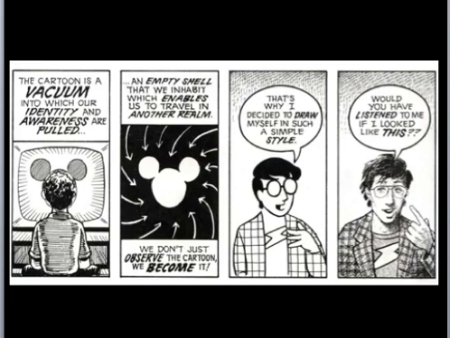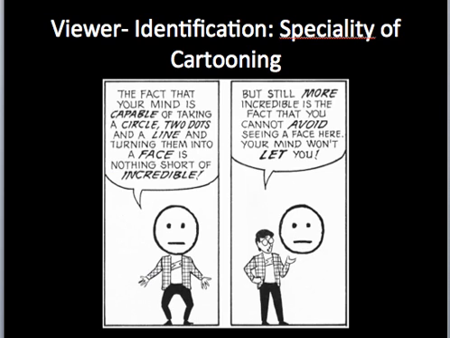And then he shows this is why he decided to draw himself more cartoony, and if he hadn't, he would obviously draw himself more realistic, and that would have made him less universal and possibly less able to identify with him. So he's showing you why he's purposely taking on the style. So the fact that your mind is capable of taking a circle, two dots, and a line and turning them into a face is nothing short of incredible.